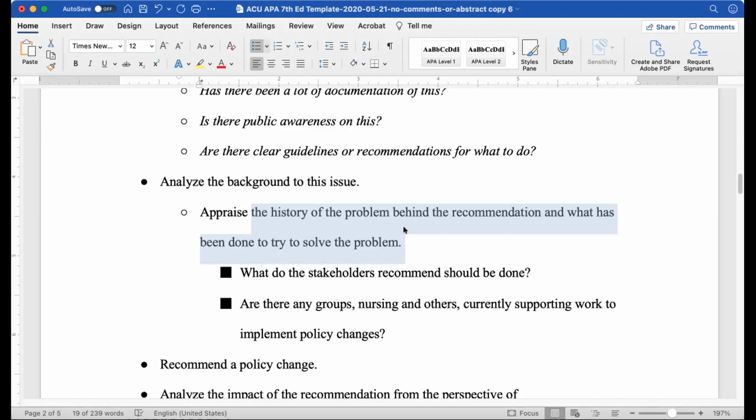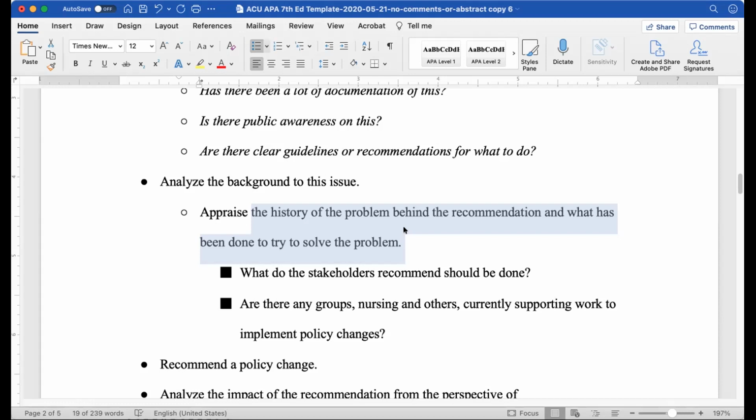But ultimately, the history of the problem does include what's been tried, and there may be reasons like it didn't work, or it created bad publicity, or it did the equivalent of pouring gasoline on the fire and escalated things. And there are all sorts of reasons why that history may inform and potentially complicate things that you are recommending to do.